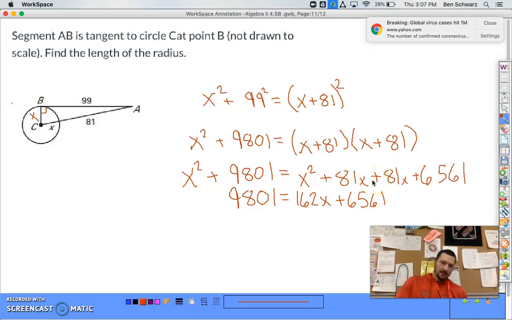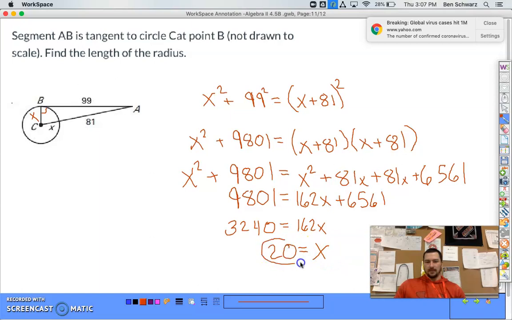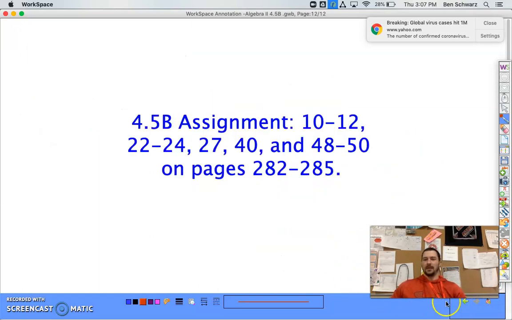Then we subtract: 9801 minus 6561 gives us 3240 equals 162x. Then we divide that by 162, and x is going to equal 20. Ta-da! All right, and then last but not least, oh, nope, that was 5.